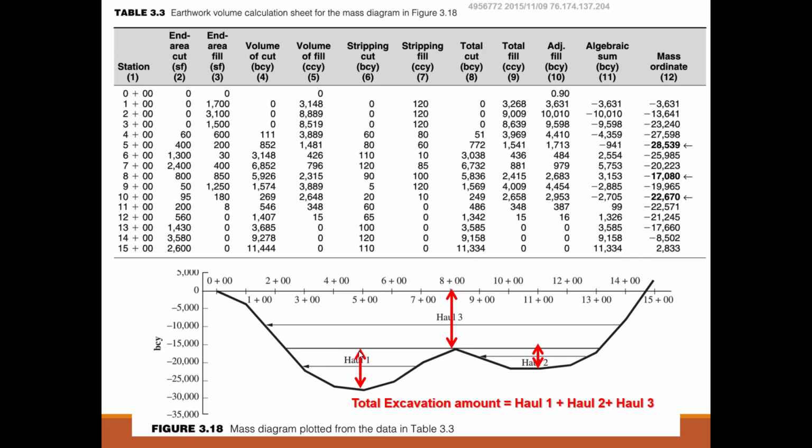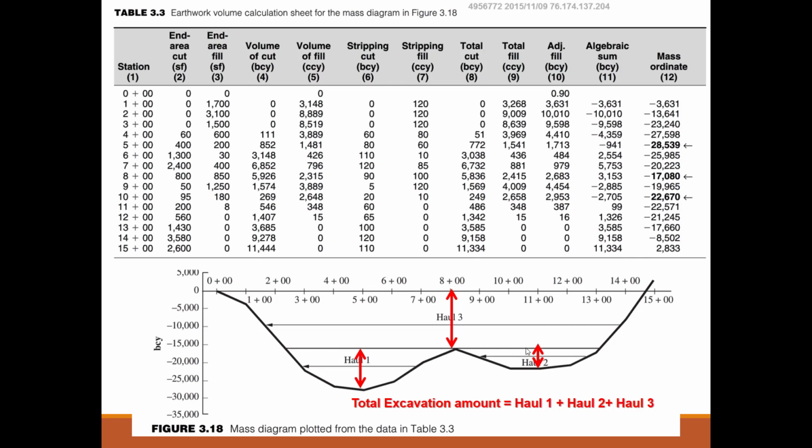So the Q's down here is going to be technically the sum of the absolute value of the peaks minus the lowest point. For example, in this case, my first haul is going to be between the 28,539 I see up here and the 17,080, which is down here.